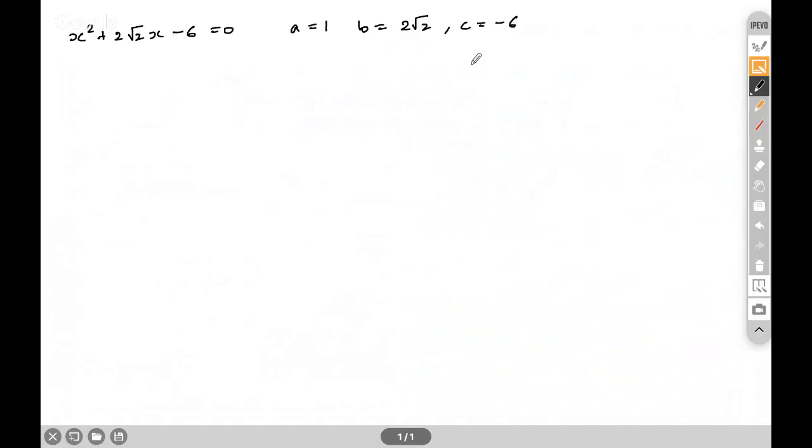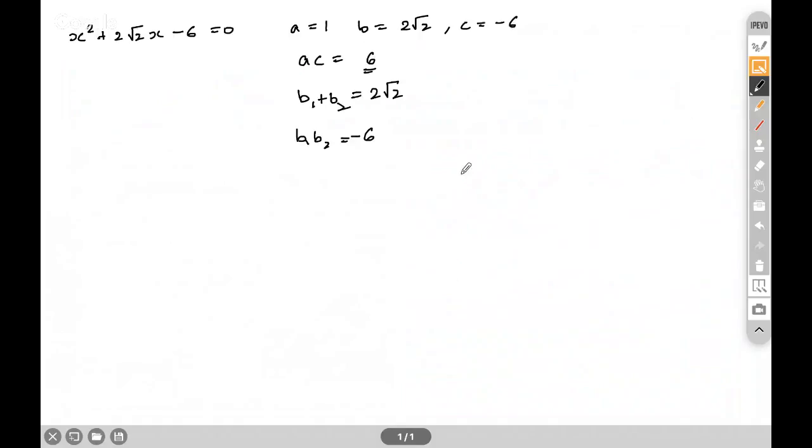Okay, now I have to, what is ac? AC is -6. Okay, and b I have to split in such a way that b1 plus b2 is equal to 2 root 2, and b1 b2 is equal to, sorry, not 6, negative 6.